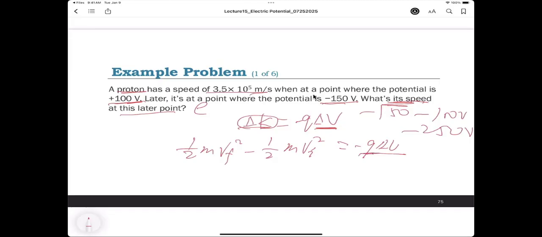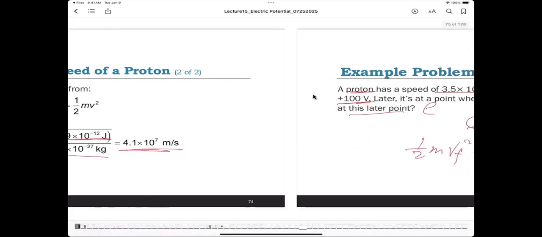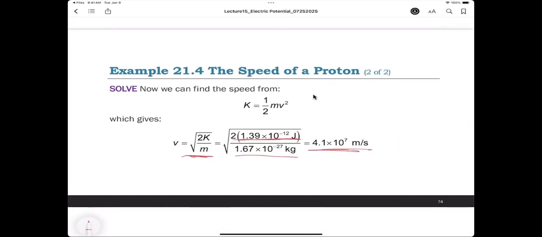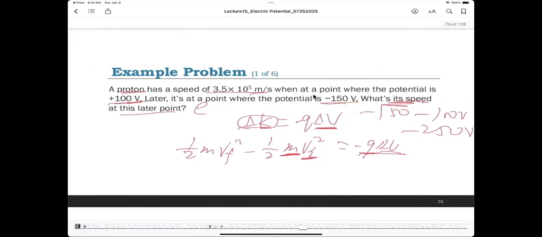And this is e, and you know the initial velocity, and you also know the m. It's the same thing, and then you will calculate the final speed. I will just give you the hint; I will not calculate it for you. You can calculate it by yourself.